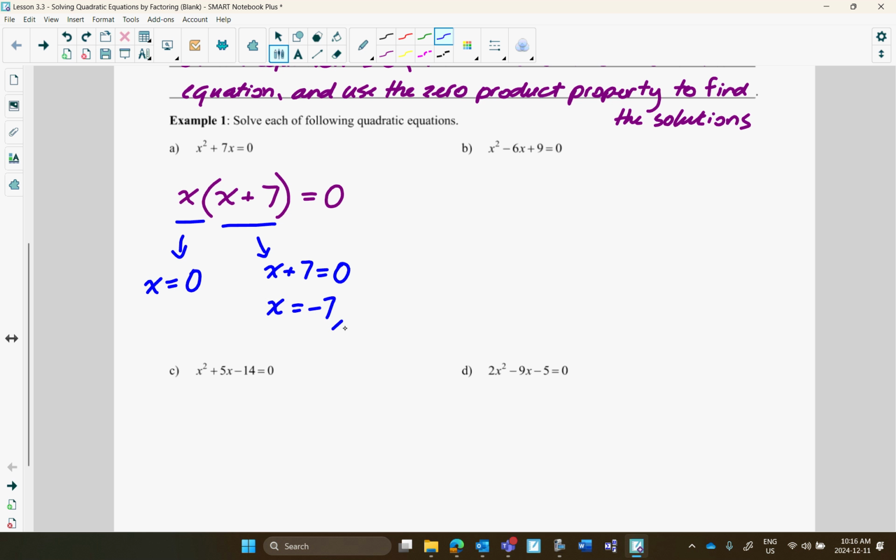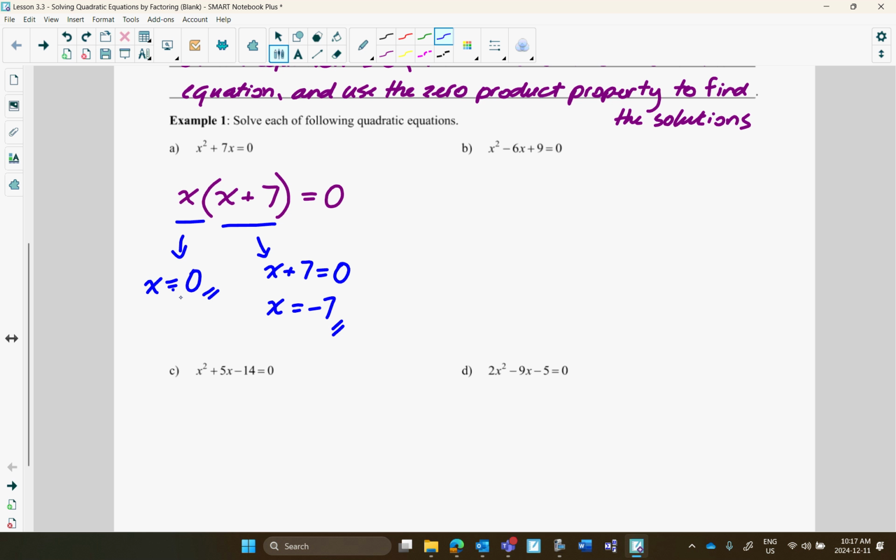There's our two solutions. X can be 0, because 0 times this is 0. Or x can be -7, because -7 plus 7 makes this 0, times this is going to be also 0. So you have to be able to recognize that it's not just one type of factoring here.